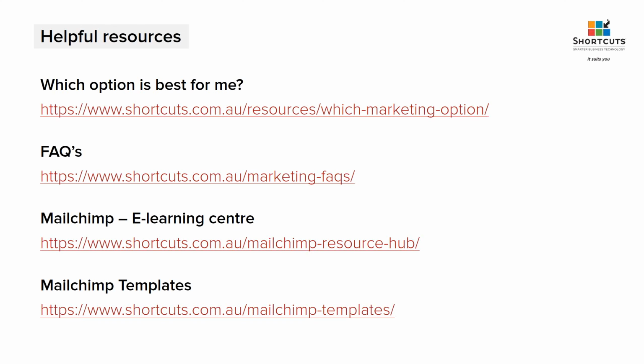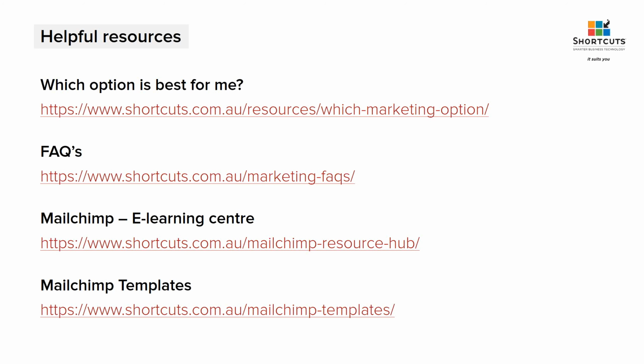So before we jump into questions, I did want to just point out there are some really helpful resources for you guys. On our website, we have a white paper that you can download, which covers the two marketing options and goes through what are the best options for you, so you can weigh up, even if after today you're still not sure on your decision.